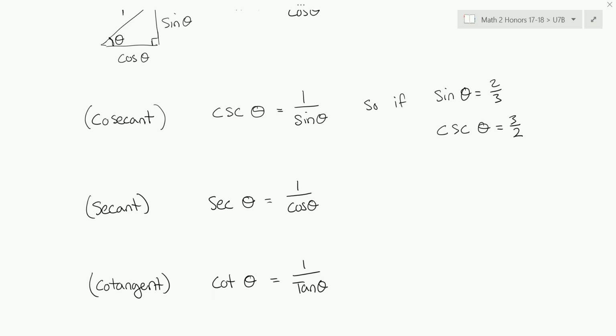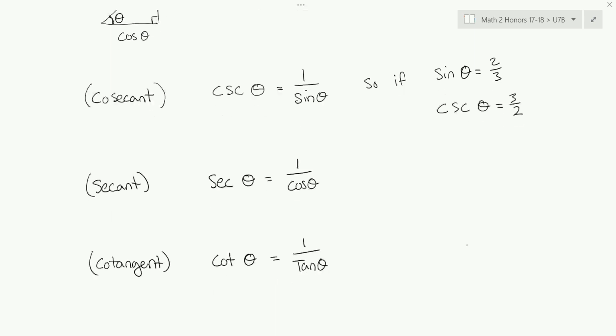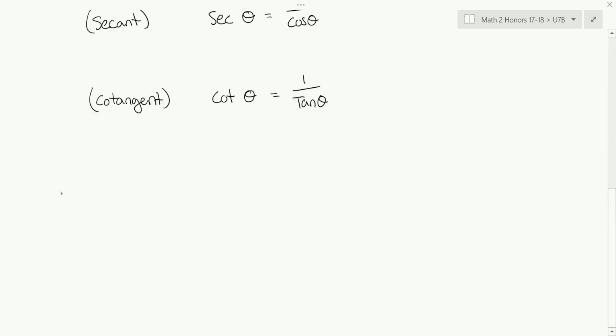All right, so we're going to now look at some examples that you will see on your homework, things that you want to be able to do with these 6 trig functions. Example 1.